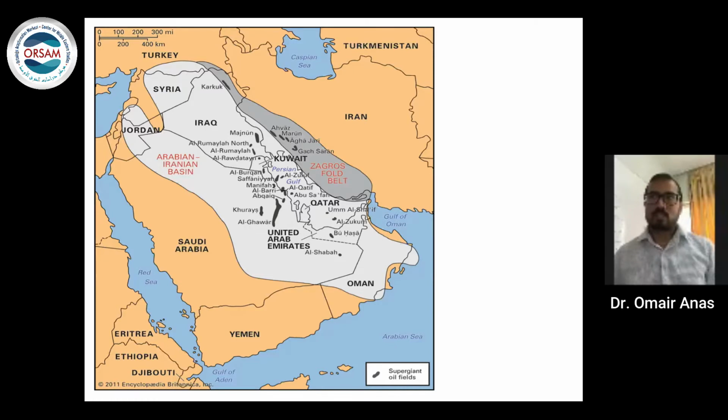These are the areas which are dominated by oil resources and oil fields. So I will be explaining what this means in the Gulf politics.